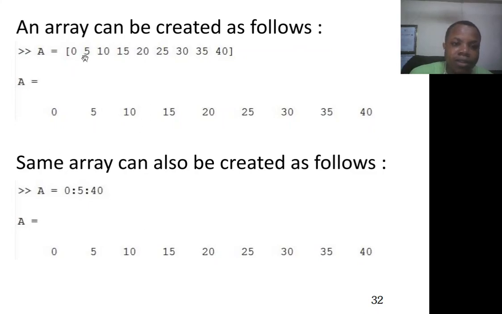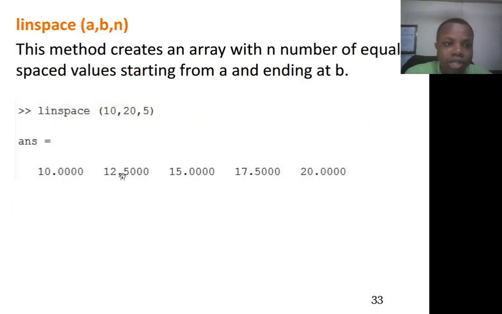This array could simply be created using the sequence we just talked about: start from 0, end at 40 with an interval of 5, and that gives the same output. The long form is a little lengthy, so we can shorten it using this sequence notation.